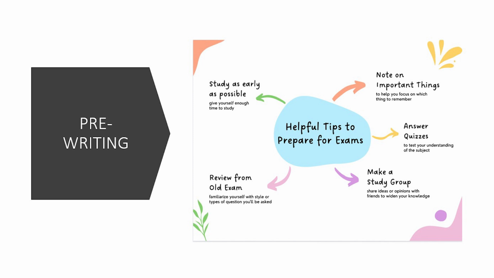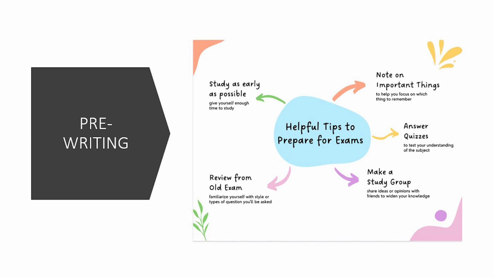For example, study as early as possible, note on important things, answer quizzes, make a study group, review from old exams. Then our students can give more explanations or points that they are going to write in each part of these sections.